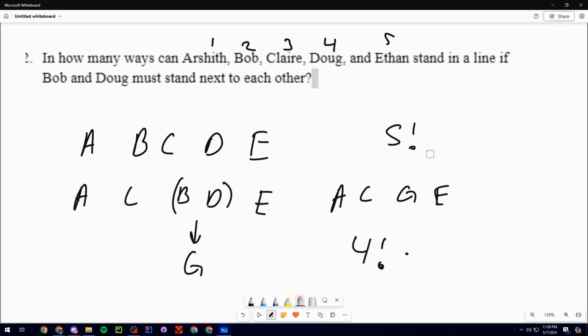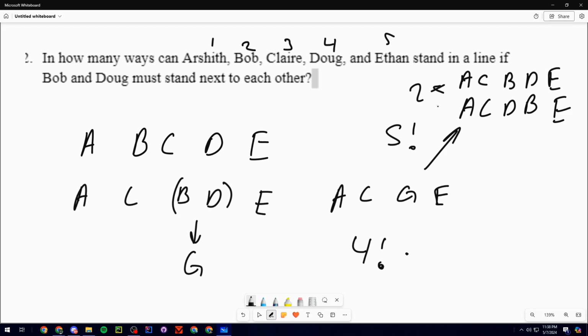It would just look like A, C, B, D, E, or A, C, D, B, E, right? 2 cases for the exact same main case. So that's 4 factorial times 2. That's just going to be 24 times 2. That's just 48.